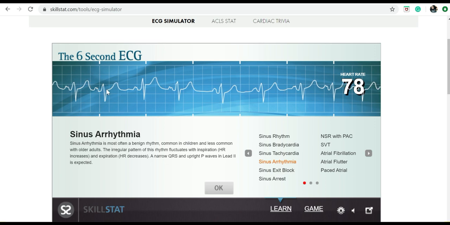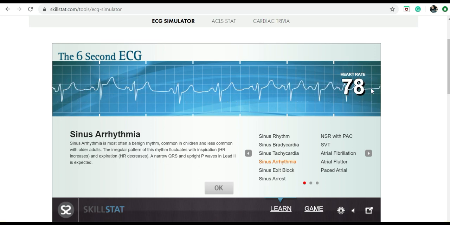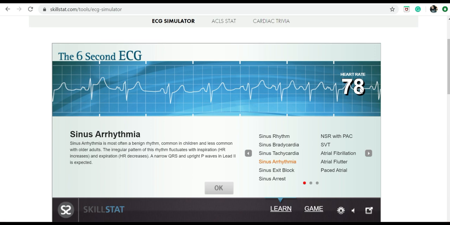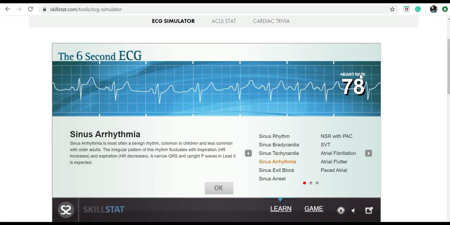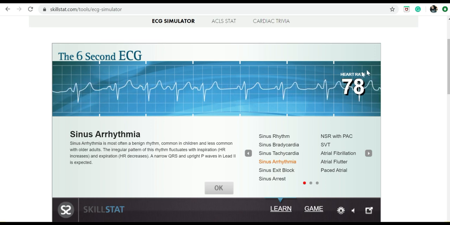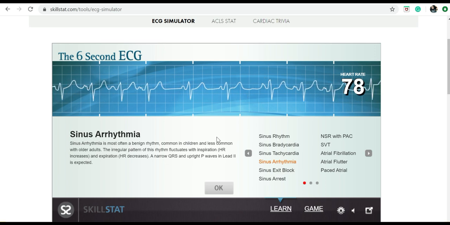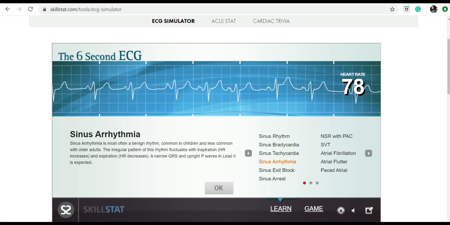So the heart rate here will be a little faster than this area. It'll be 78 beats, then 76 beats, maybe 79 beats, and come back down to 74 beats or something like that. So the heart rate's going to be changing with these kinds of rhythms.